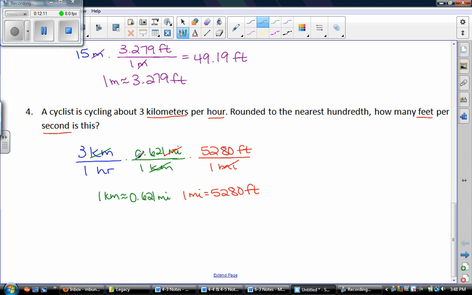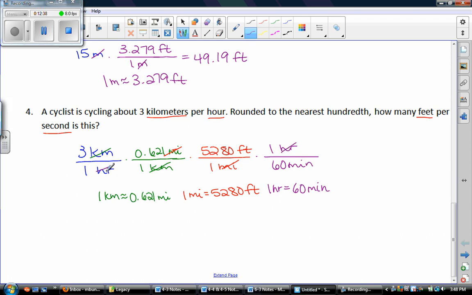Except we still have feet per hour, and we want feet per second. So we still need to change hours to seconds. So another conversion to go from hours to seconds. Well, we can go from hours to minutes by using that 1 hour is equal to 60 minutes. So hours are in the numerator, so we need hours in the denominator. We'll put 60 minutes in the denominator.